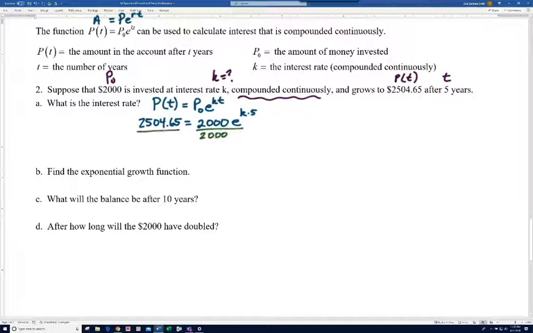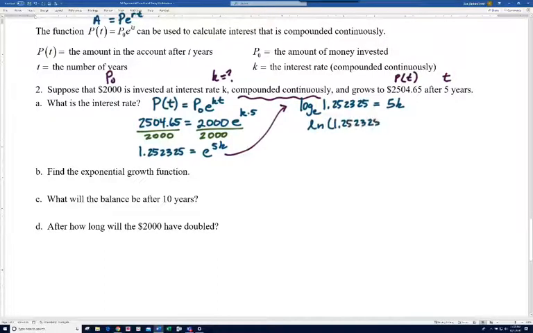So let's go ahead and divide each side by 2,000. So you're going to get 1.252325. So again, I'm carrying a lot of decimal places, and that's equal to e to the 5k power. So now we need to switch forms. This will be the log base e of 1.252325 is equal to 5k.